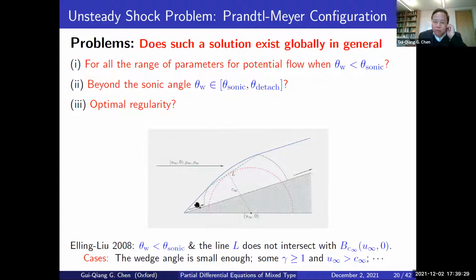You want to prove that if the parameter satisfies that the sonic circle starting at U infinity, 0, does not touch that line, then they could do it. This is related to the wedge angle being small or certain gamma. They could construct the solution. Later on, we thought about whether we can do all parameters, even beyond the sonic angle.